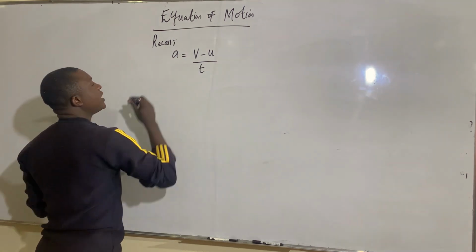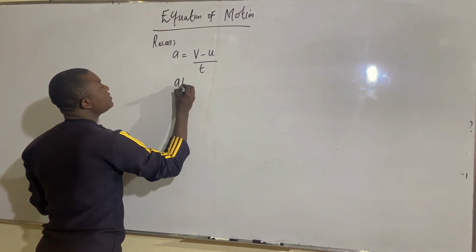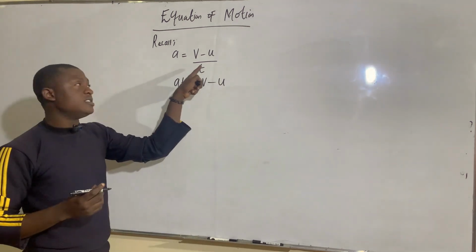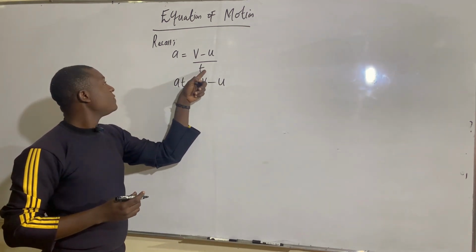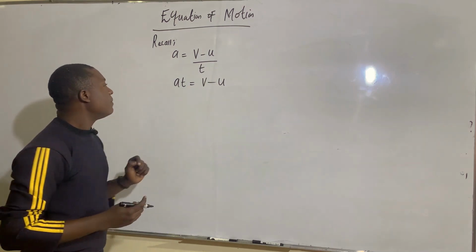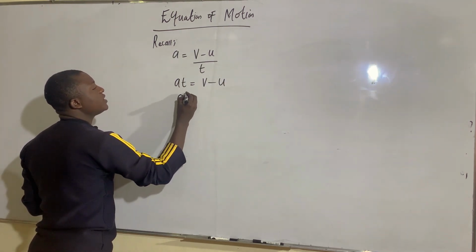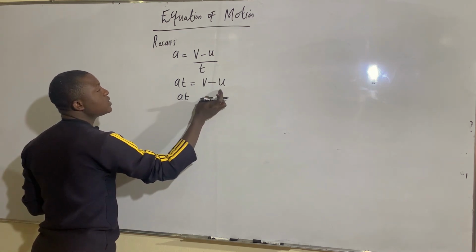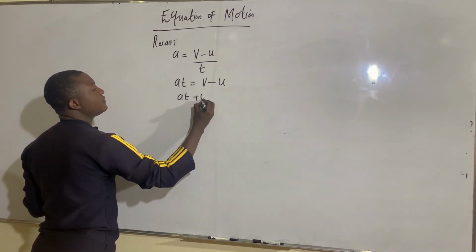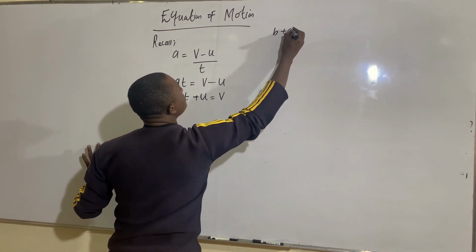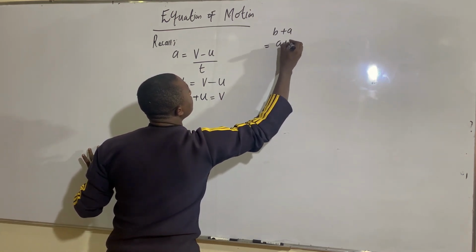So if I cross multiply here, that means that we have at equal to v minus u. You can see if a and t multiply each other, we are going to have at, then we have v minus u. So if you collect like terms here, we are going to have at, this is minus. So when the minus comes to this side, we are going to have plus u equal to v. If I have b plus a in mathematics, it's nothing but a plus b.